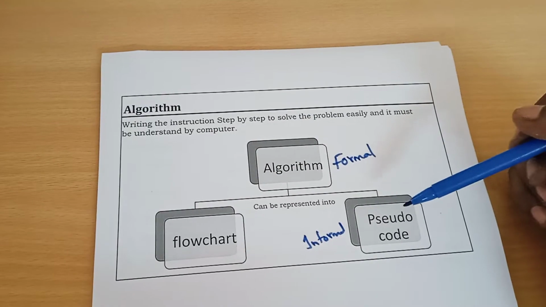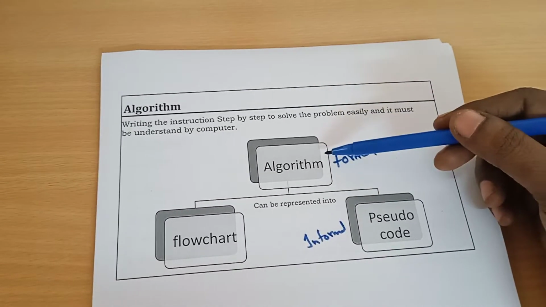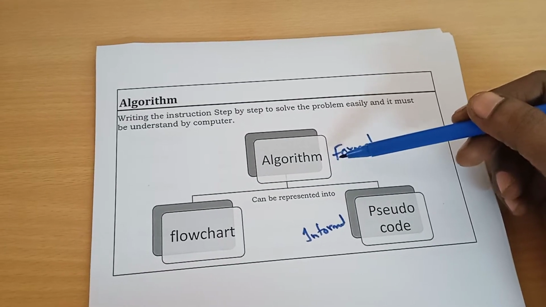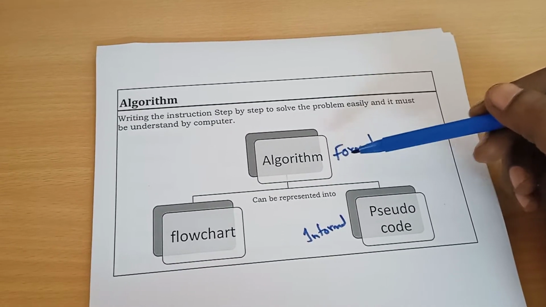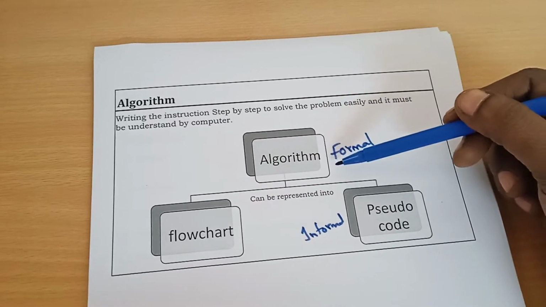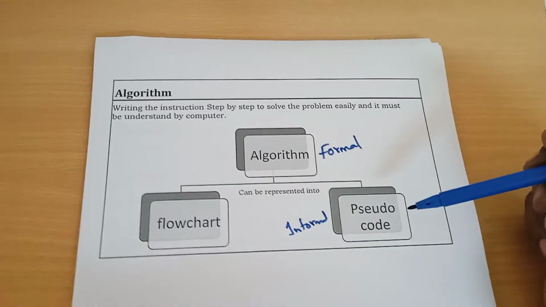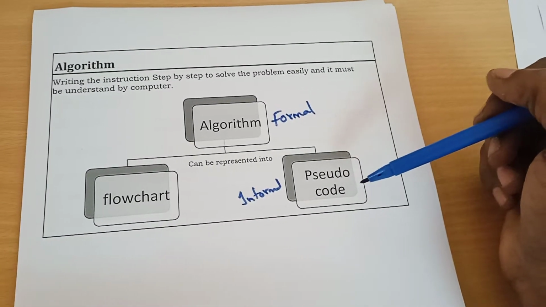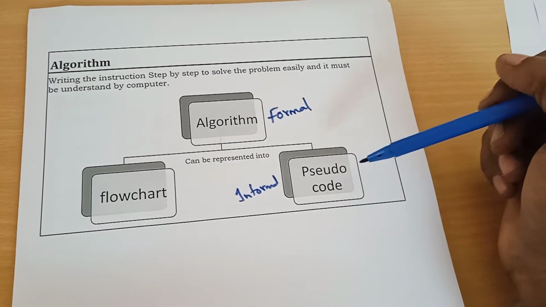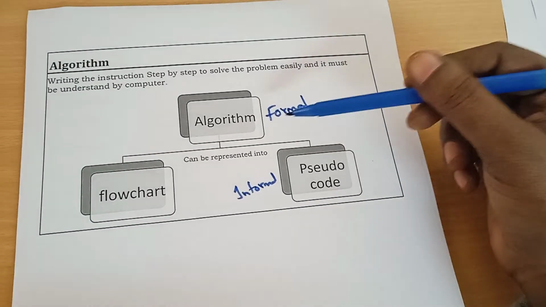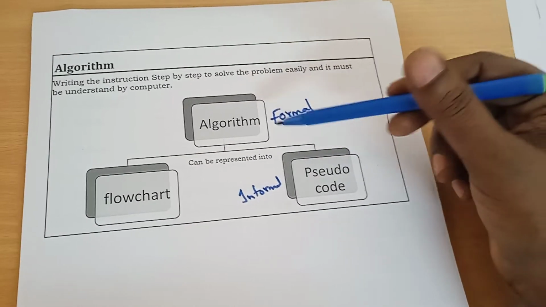If someone wanted to define an algorithm, they define it like this: algorithm is a step by step process where we can complete a specific task. And pseudocode has the same definition: pseudocode is a step by step process to complete a specific task. So both have the same definition.